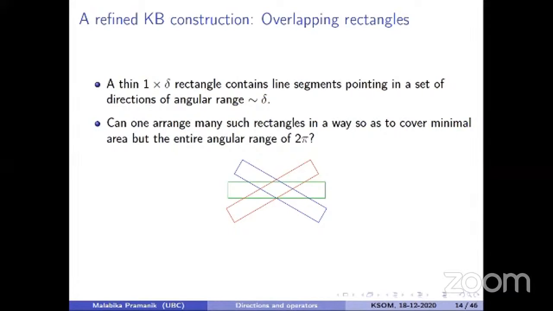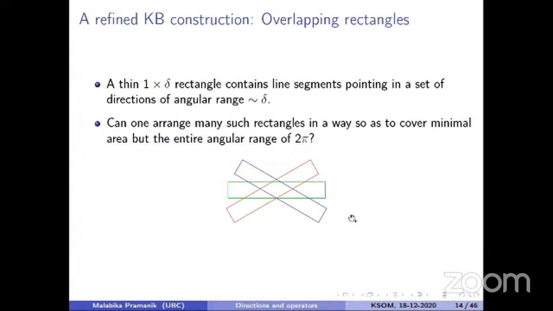In this formulation, a unit line segment after thickening becomes a 1 by delta rectangle, containing unit line segments pointing in a direction of angular range roughly delta. Can one arrange many such rectangles to cover minimal area, but also cover the entire angular range of 2 pi?